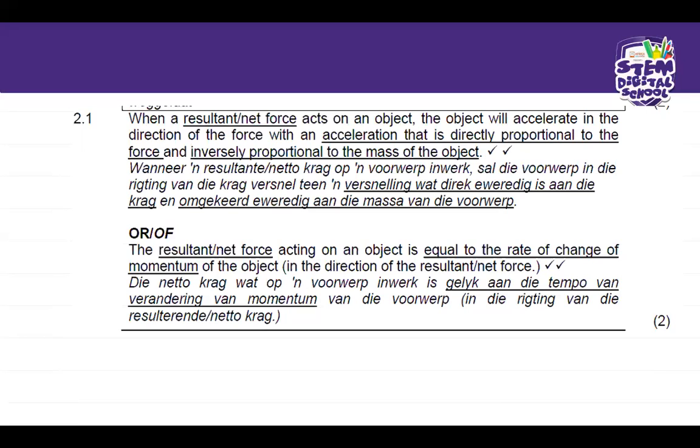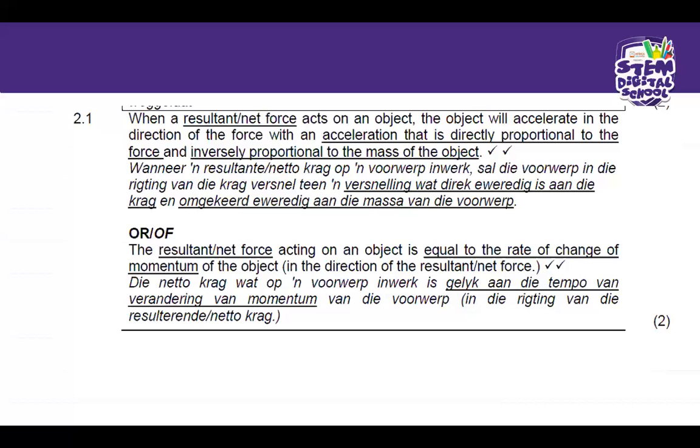If you try and equate it, it's going to be: a resultant force acts on an object, the object will accelerate in the direction of the force with an acceleration that is directly proportional to the force and inversely proportional to the mass of the object. So that is your 2 marks right there.